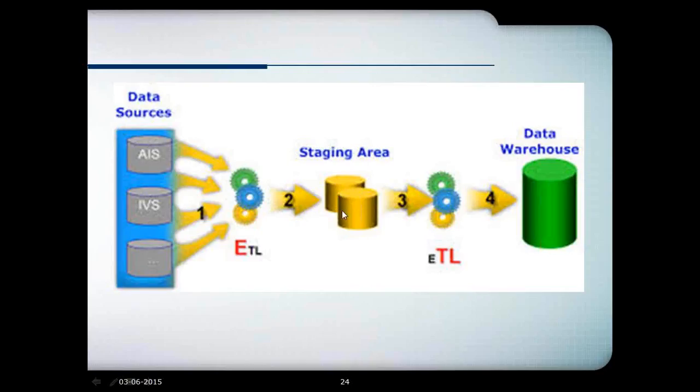From there, we, who work as ETL developers, get the data from the staging area and transform it into the data warehouse using the Informatica ETL tool. This process may take 1 to 5 years, 2 to 3 years, 4 to 5 years, and so on.